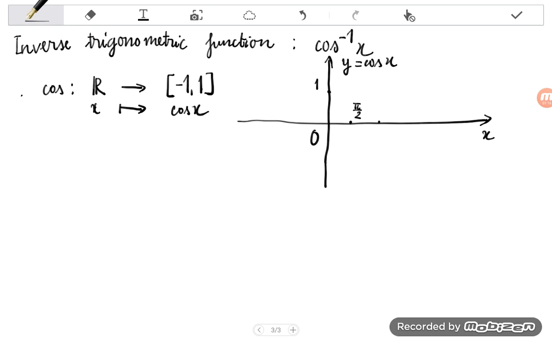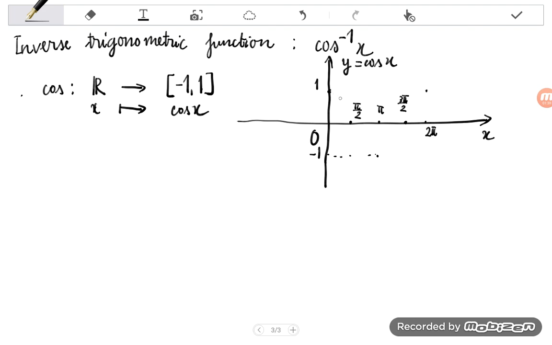When x equals pi, the cosine has value -1. And when x equals 3 pi over 2, the cosine has value 0. And then when x equals 2 pi, the cosine has value 1 again.